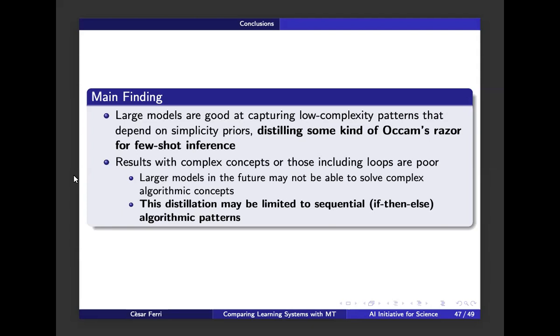However, when we consider complex concepts, which are the concepts that are in loops, language models are not able to get many of these concepts. So the models in the future might not be able to solve complex algorithmic concepts. And the distillation, in that sense, is limited to sequential algorithmic patterns.